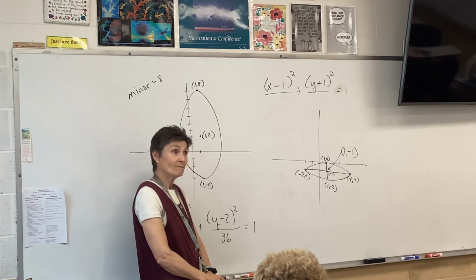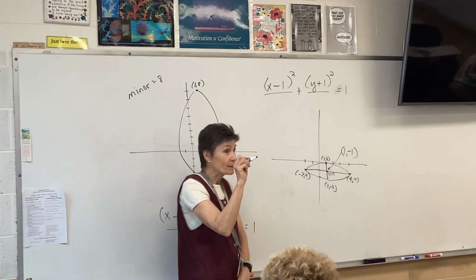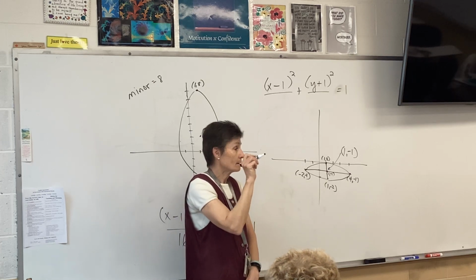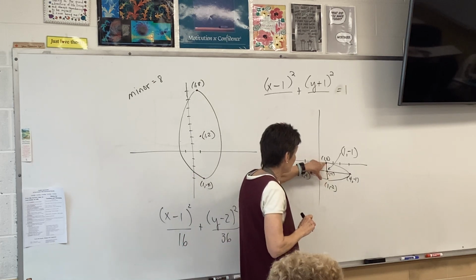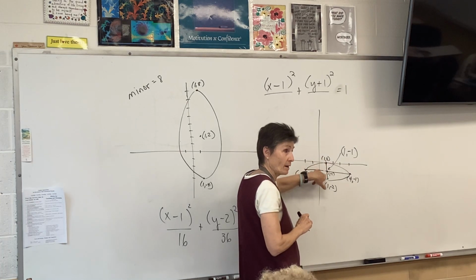What's y gonna have underneath it? How far up and down are we going? Up and down 1. How far up do we go? 1. So we're going up 1 and down 1, right?